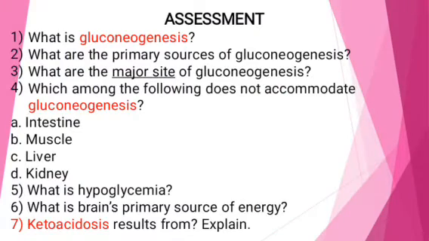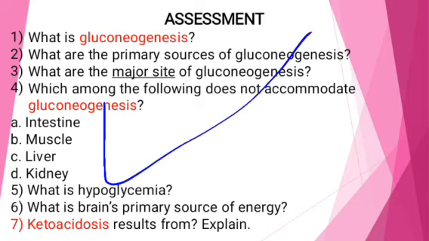Then, what is the brain's primary source of energy? Ketoacidosis results from what? Explain. It's paramount that you don't take these assessments for granted, because this neglected aspect that students avoid still comes out to confront them in exams. So, take this seriously.